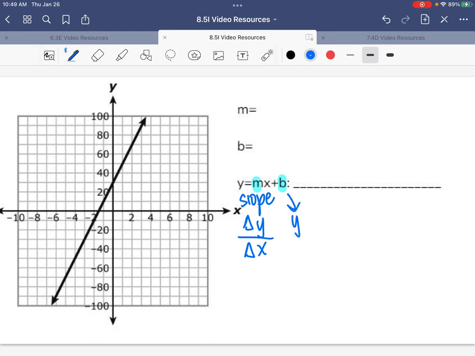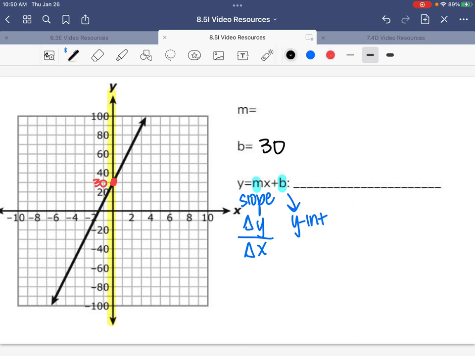And b is the y-intercept, or where it crosses that y-axis. So again, with graphs, this is the easiest thing, in my opinion, to find. So I'm going to highlight this y-axis, and I'm going to find exactly where this line crosses. And I see that it crosses right in between 20 and 40, which tells me that that is 30. So my y-intercept is 30.